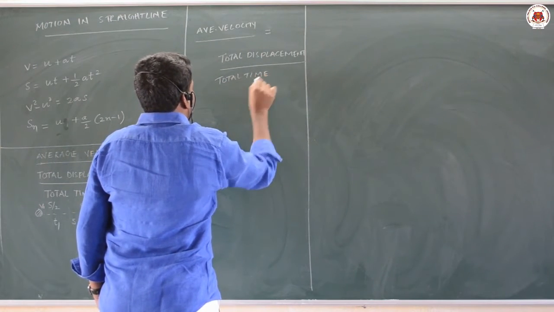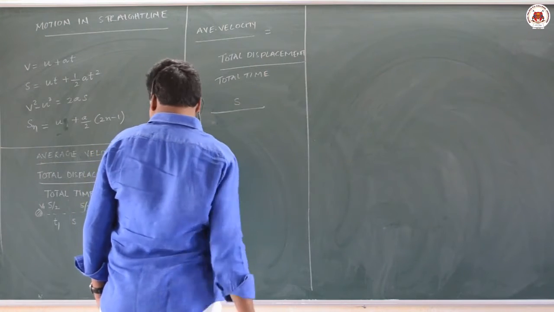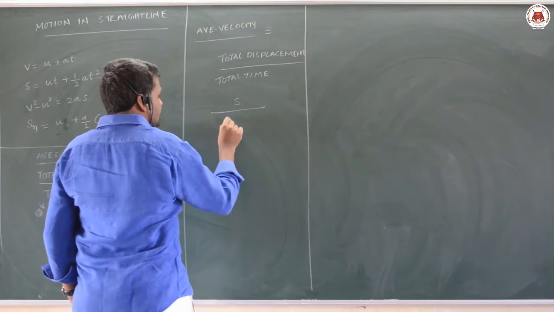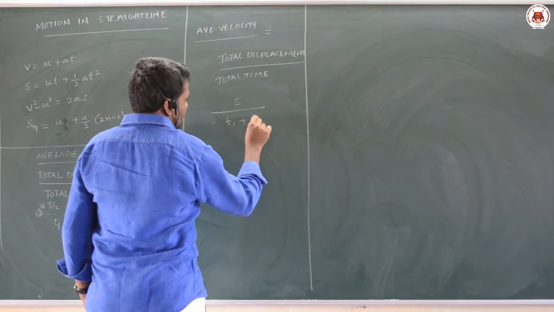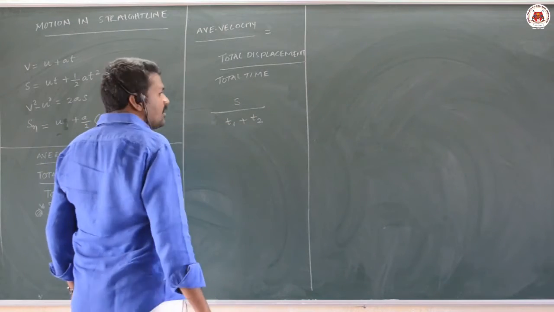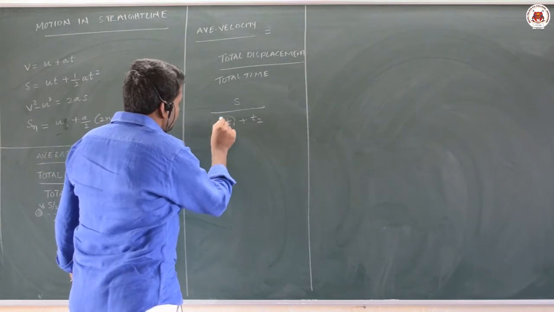Total displacement is s divided by total time is T1 plus T2, but T1 and T2 are not mentioned in the question. So, T1 and T2 you have to eliminate.